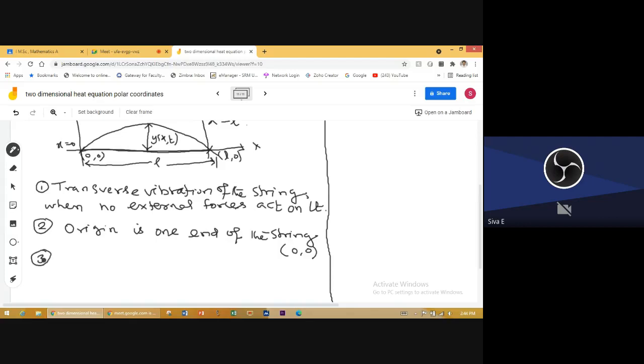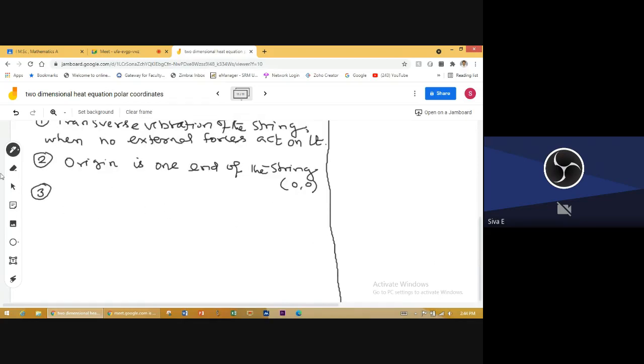Third point is the motion takes place entirely in one plane.